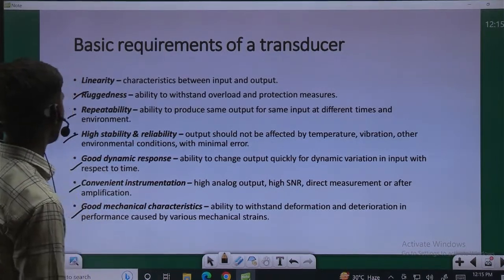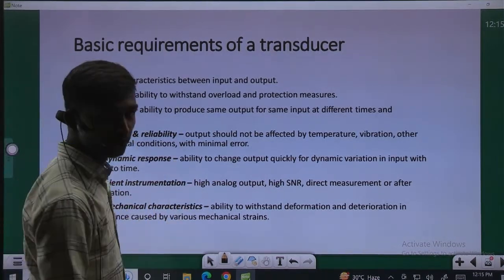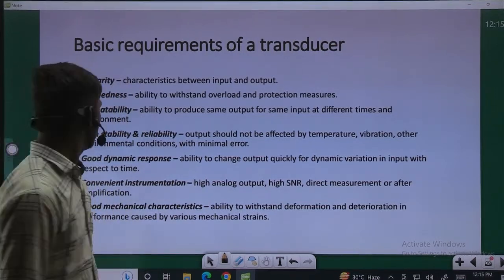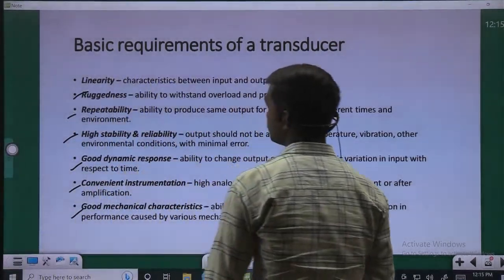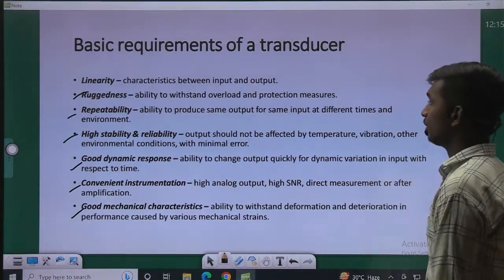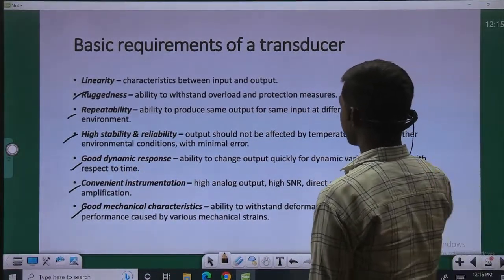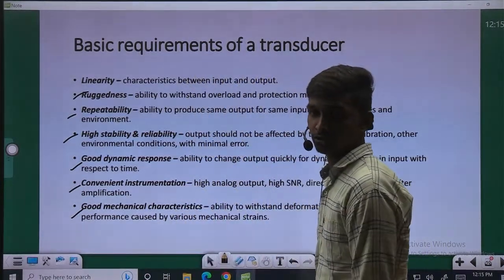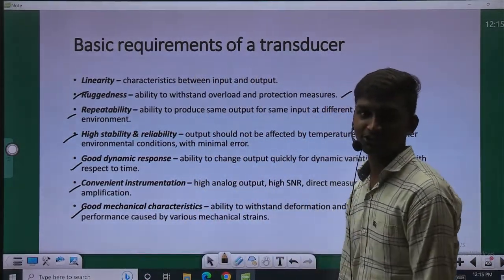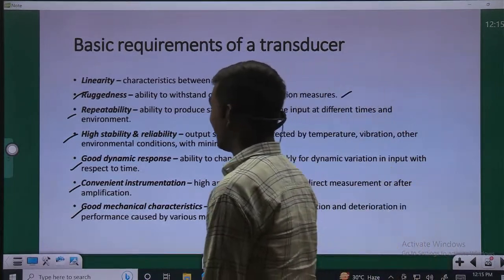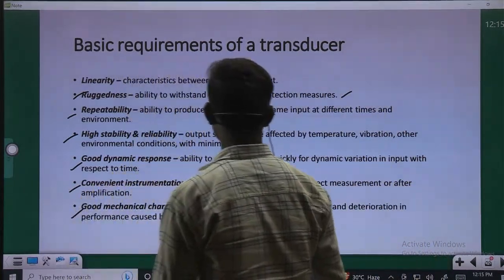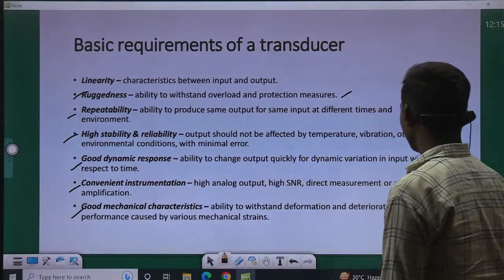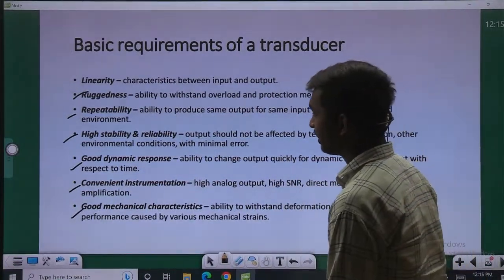Now we will discuss linearity. The characteristic between input and output is known as linearity. Ruggedness is the ability to withstand overload with protection measures, and repeatability is the ability to produce the same output. Good dynamic response is the ability to change output quickly for a dynamic variation in input with respect to time.